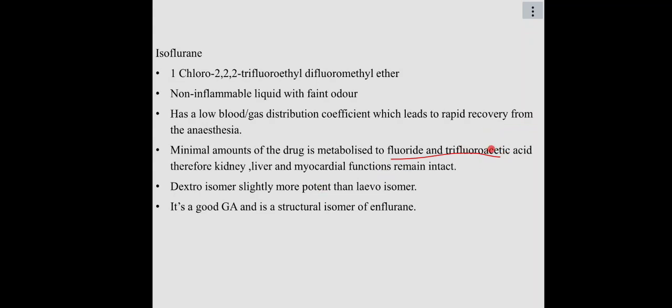Remember, the acetic acid or the acetyl chloride, these are the ones that are responsible for the toxicity. The dextro isomer is slightly more potent than the levo isomer. It's a good general anesthetic, and it's a structural isomer of enflurane. We had already mentioned that it indeed is a structural isomer or a constitutional isomer of enflurane.